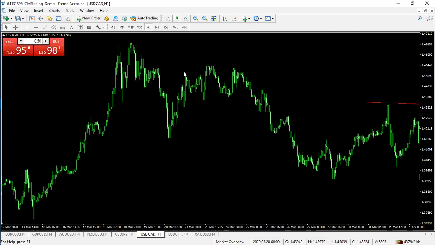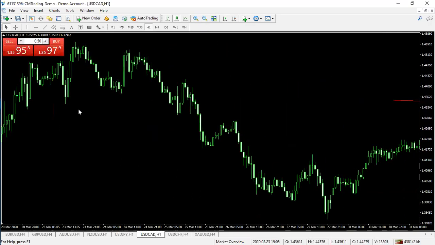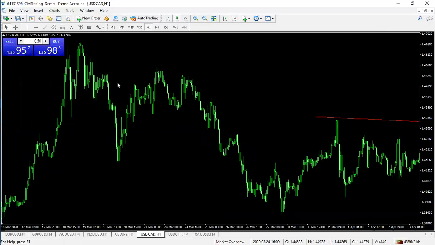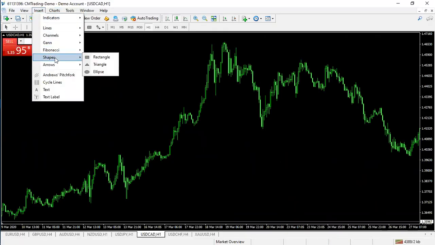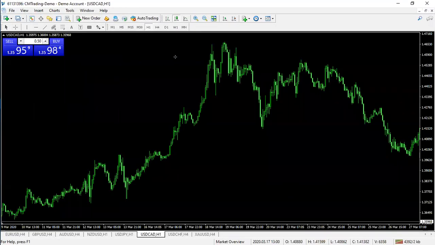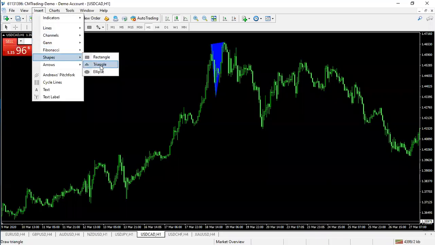So you can see this, we have this. Insert, then we have shapes, we have the triangle. We can take this as the first shoulder. So triangle: insert, shapes, then triangle.